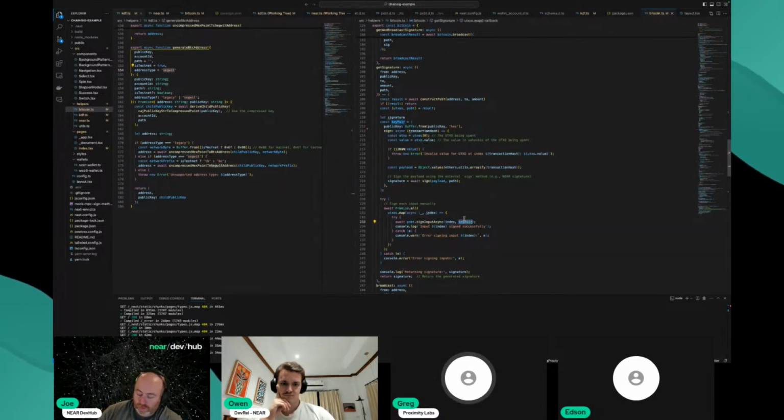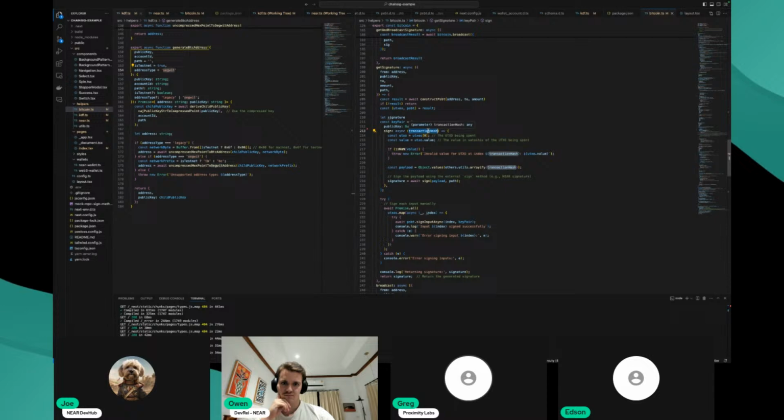So this is just the object that contains the public key and this sign method. And so we need to do it this way because this is how you get the transaction hash from Bitcoin JS lib. And so once you have the transaction hash, you create the payload, and that's what you need to send to the MPC to get the signature.